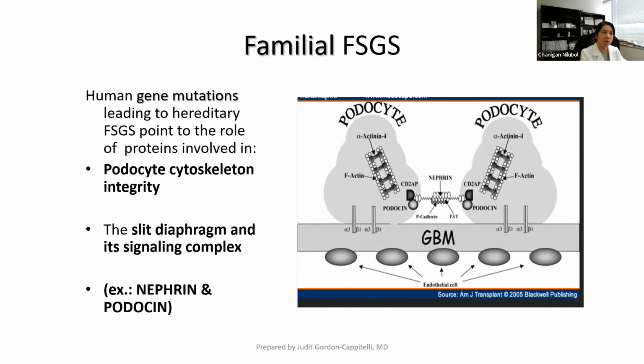So it's very helpful if we have a suspected case of familial FSGS and we do genetic testing, you can be pretty certain about the prognosis after the kidney transplant, provided that the patient does what they're supposed to do, taking all the immunosuppression and all that.